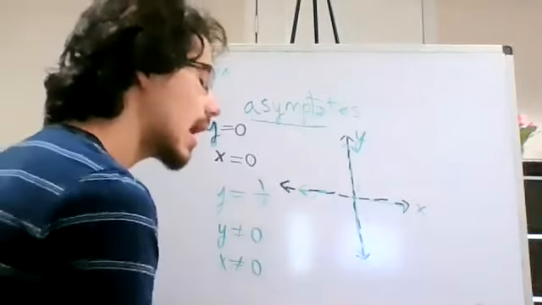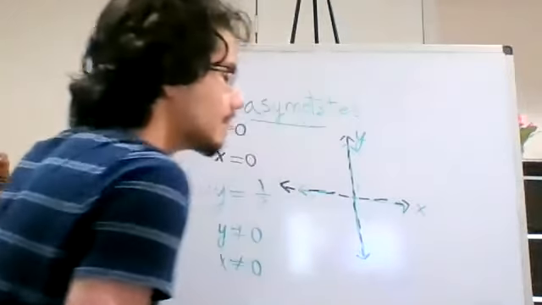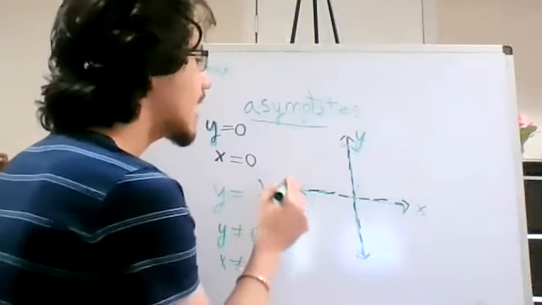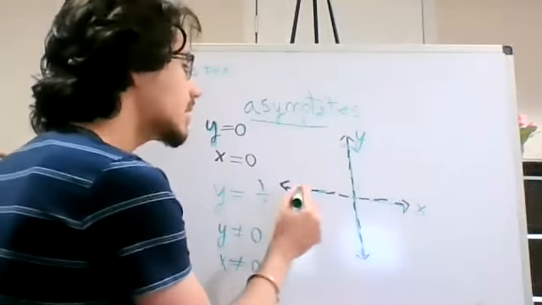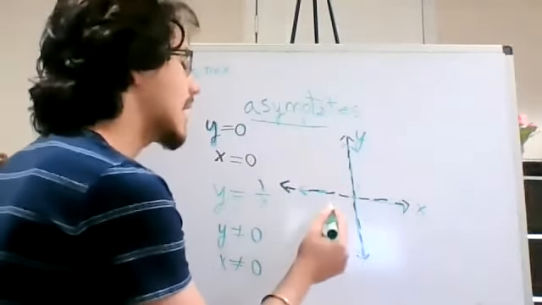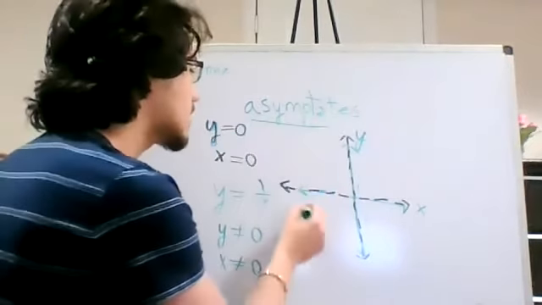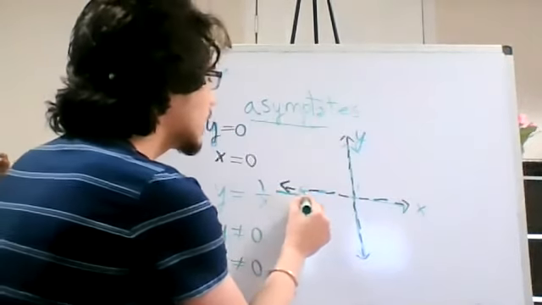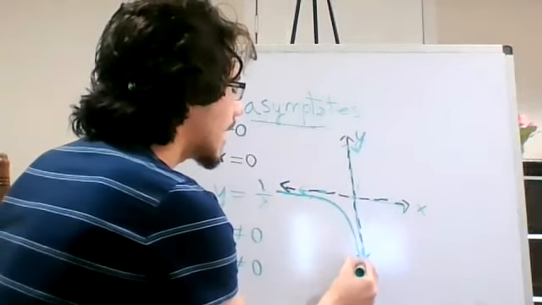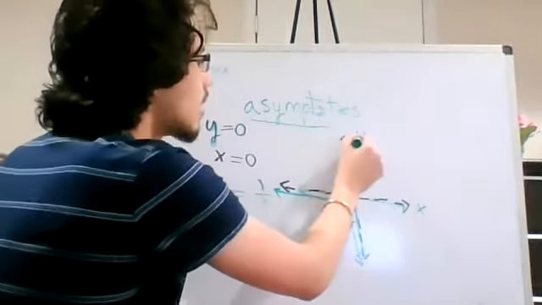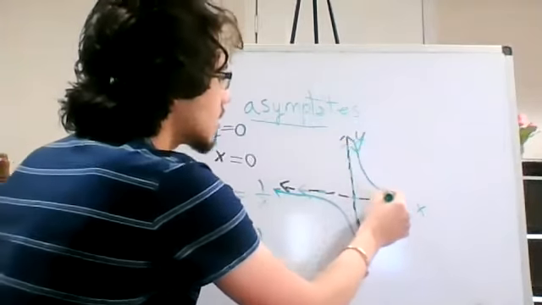However, one thing about asymptotes is that when a function cannot be at this point, the function tends to approach the asymptotes because of the nature of asymptotes. They will keep going forever and ever until they get really close to the asymptotes, but they will never touch the asymptotes.